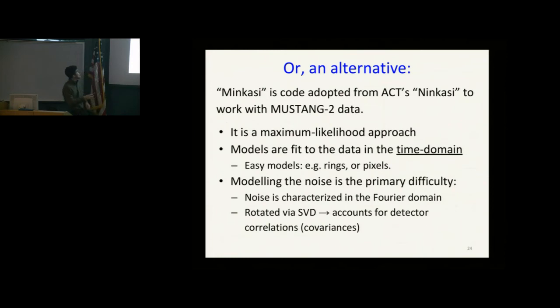Rather than do that, we characterize the noise in Fourier space, but before we do that, we rotate it in SVD, which accounts for correlations between detectors. And so, as long as we believe that noise model in Fourier space, we basically do a maximum likelihood fit there, and what we get out should be the galaxy cluster or whatever astronomical signal we want.